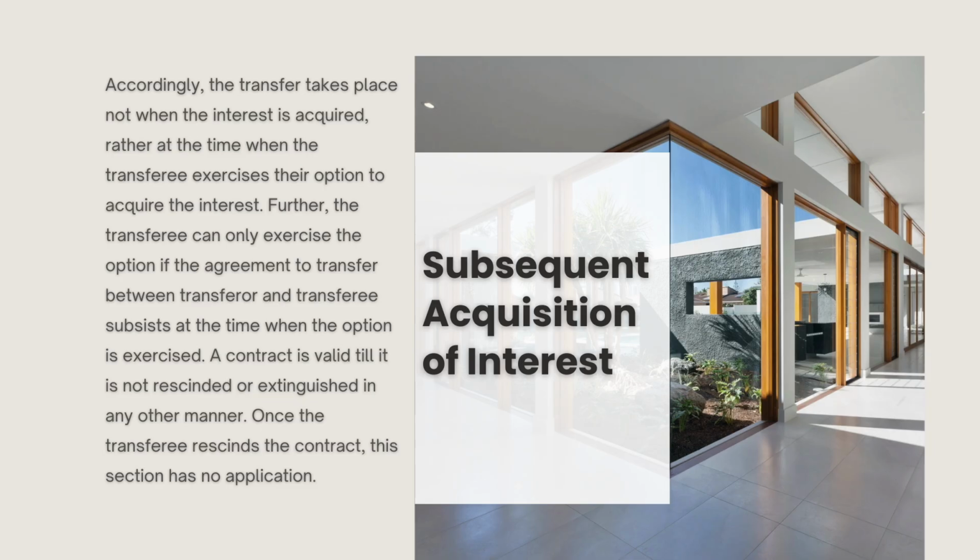Further, the transferee can only exercise the option if the agreement to transfer between the transferor and the transferee subsists at the time when the option is exercised. A contract is valid till it is not rescinded or extinguished in any other manner. Once the transferee resigns the contract, this section has no application.